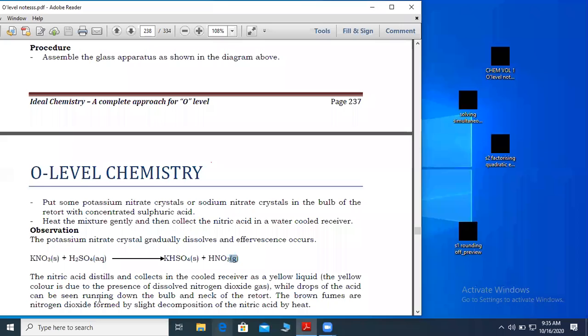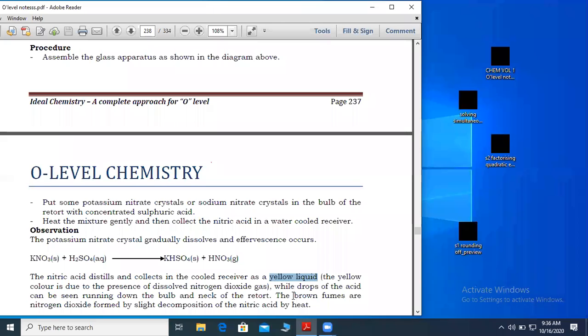The nitric acid distills and collects in the cooled reservoir as a yellow liquid. The yellow color, I told you, we usually ask this question: why is nitric acid formed usually yellow? We are saying the yellow color is due to the presence of dissolved nitrogen dioxide, where drops of the acid can be seen running down the back.